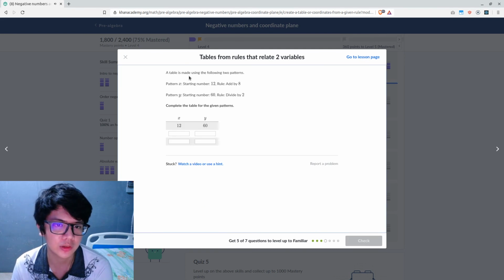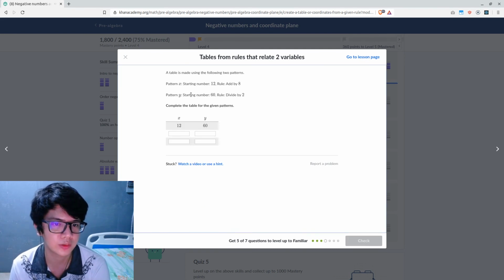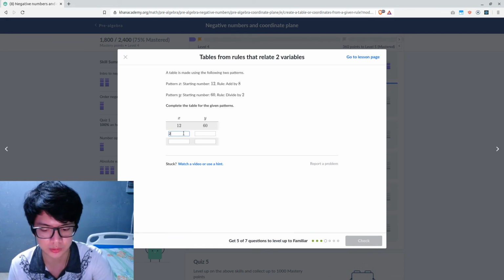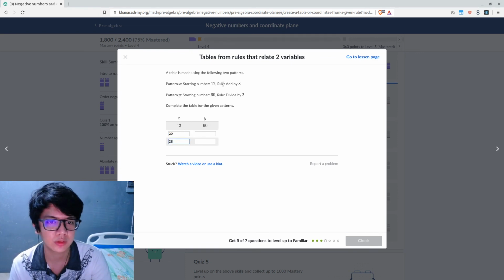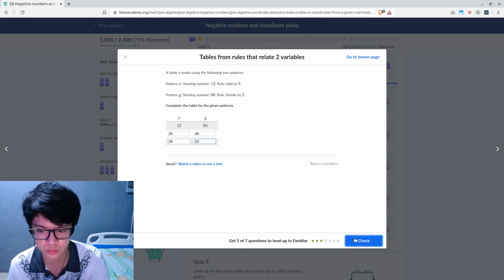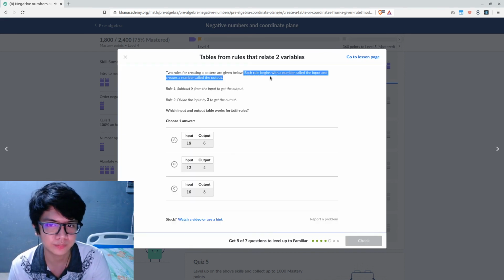A table is made using the following 2 patterns. Add by 8. That's gonna be 20, right? The 28. Divide by 2.